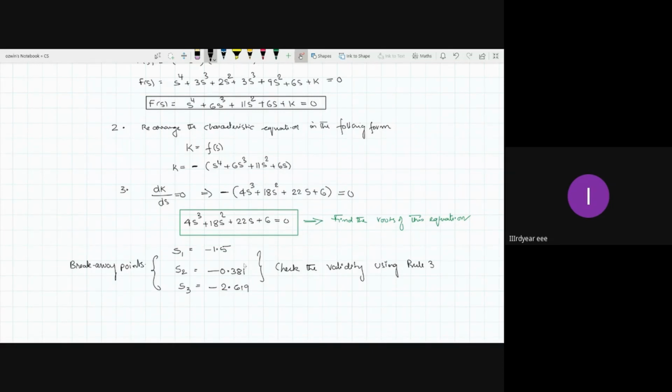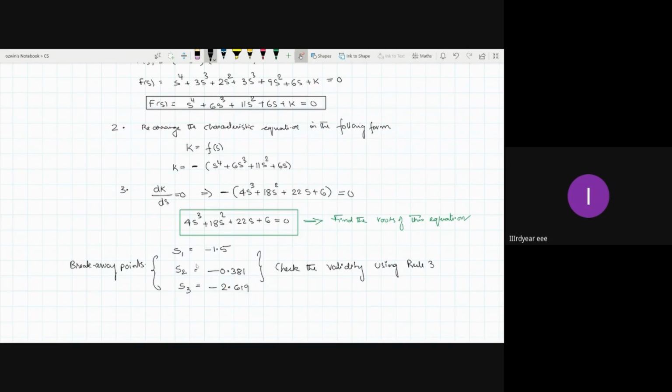Whether they are valid breakaway points or not can be checked by applying rule 3, because rule 3 talks about existence of root locus on the real axis, and these are all real roots, right?